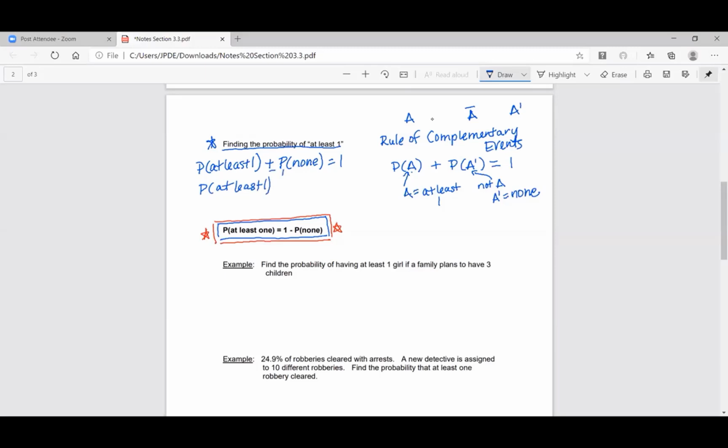I'm going to subtract the probability of none from each side. And we're going to have 1 minus the probability of none, which is what I have boxed there. As we do the examples, I'm going to hopefully help you see why this helps us, why this is so important.